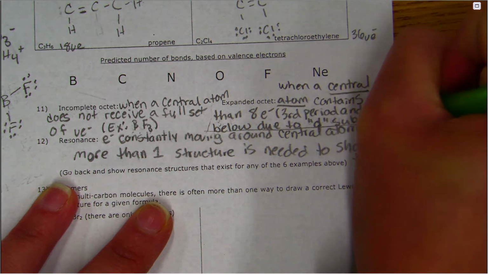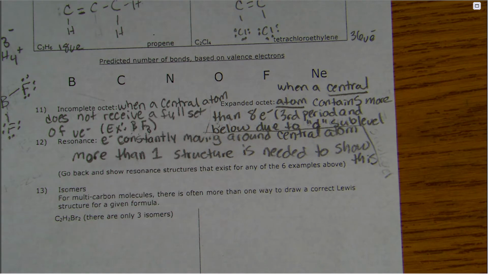So that d sublevel is allowing atoms to do expanded octets. We're going to continue with our VSEPR theory chart that we've been looking at.